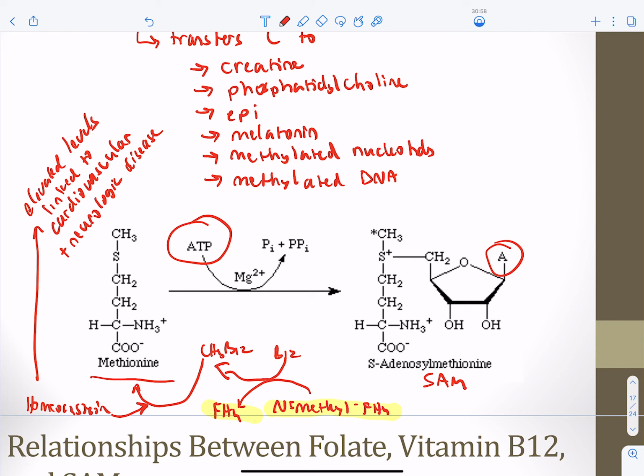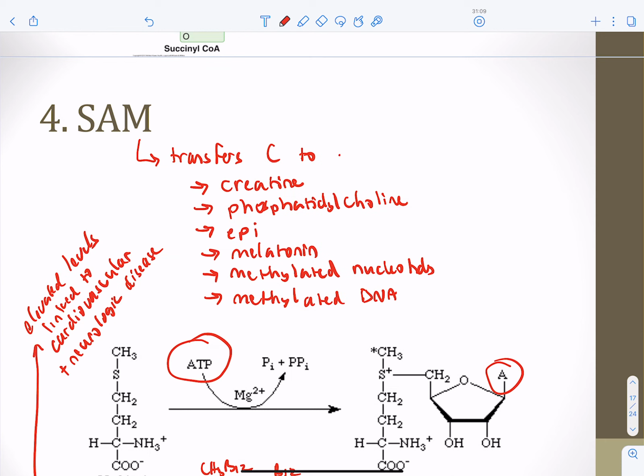So SAM is going to be used in reactions that add methyl groups, and these methyl groups are going to be added to either oxygen or nitrogen atoms. So we'll add that here.